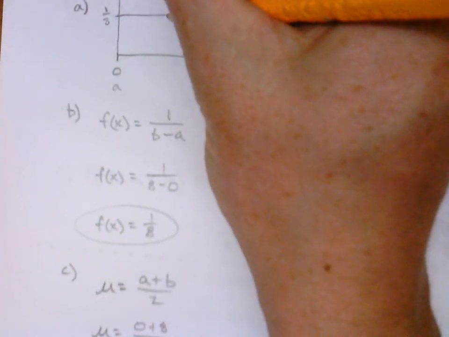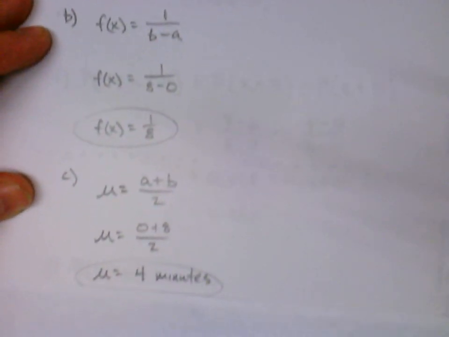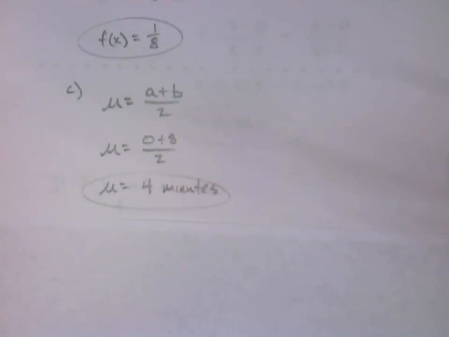The average person, or we would expect, if we were a commuter, I know one arrives every 8 minutes, so on average, I'm going to wait 4 minutes on any given day. Somewhere right there in the middle. Part D: what is the standard deviation?